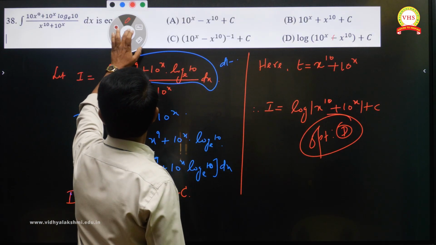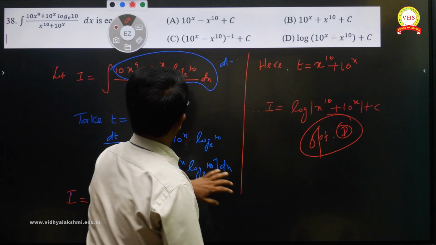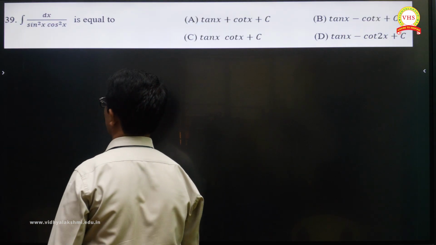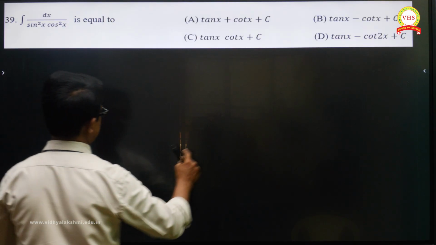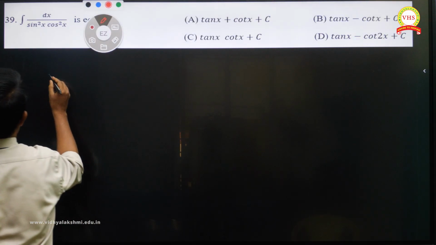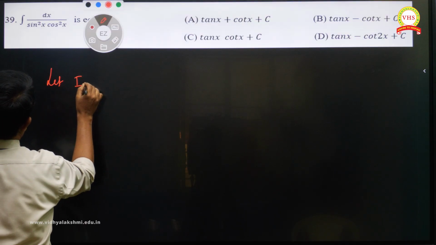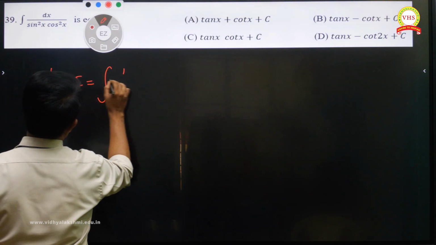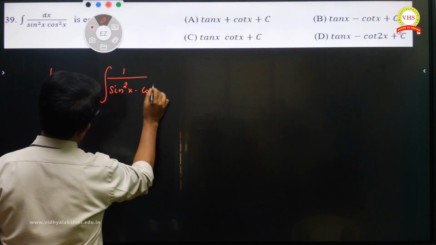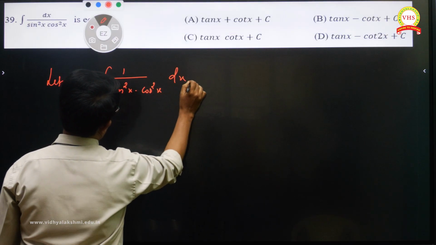Question number 39. It is an important MCQ question. Sometimes they even ask it for 2 marks. Let I equal to the integral of 1 by sin square x into cos square x dx.